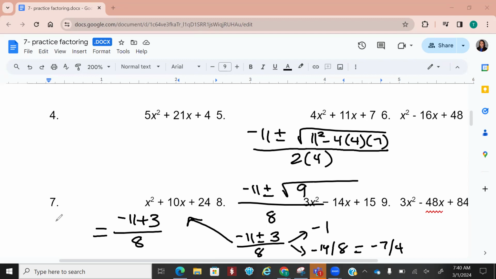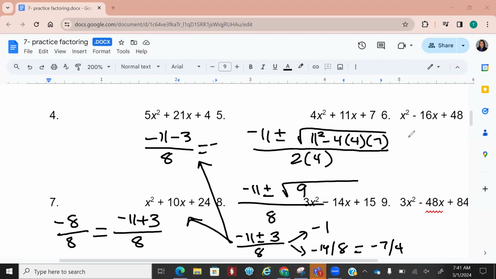So this will be negative 8 divided by 8, and that's negative 1. And then you're going to do the minus version too. So negative 11 minus 3 divided by 8. So that gives us negative 14. And then both of those are divisible by 2.